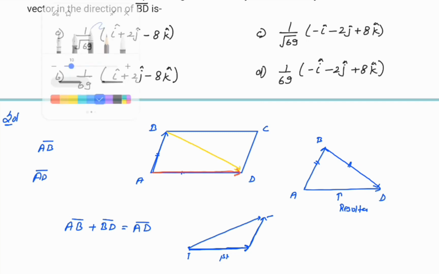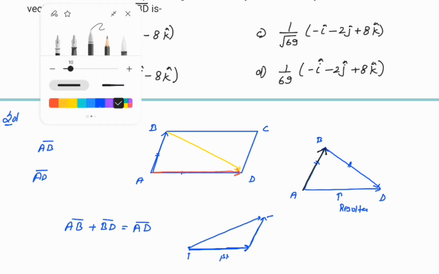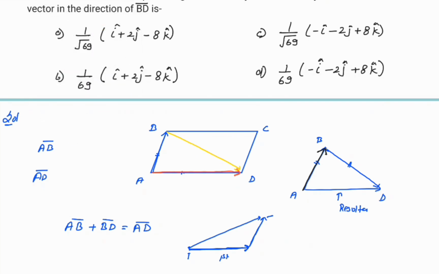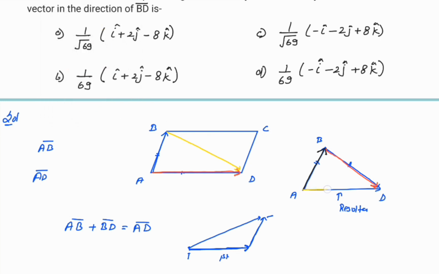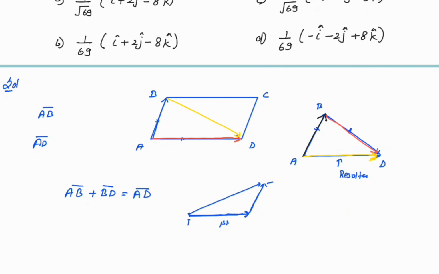The same I have done over here. This is my first vector. Okay. This is my second vector BD. Then how to find the resultant? The resultant will be given by the tail of the first and head of the second. This is my resultant vector AD. The same thing I have written over here.